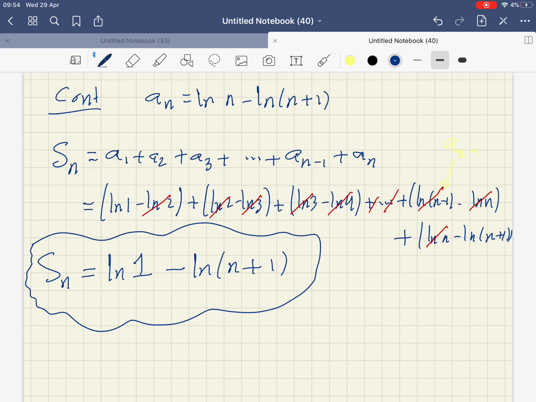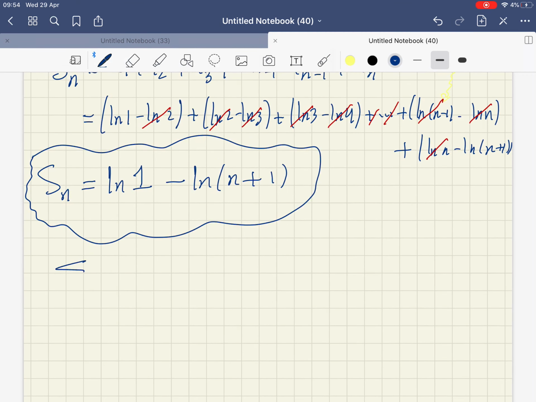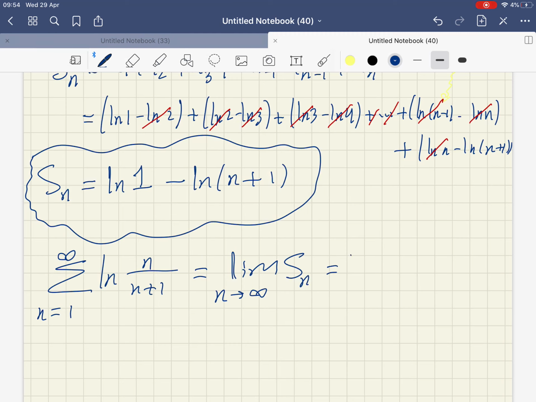We are not finished yet, because we need to find the sum of the series. And we said the sum of the series is just the limit as n goes to infinity of Sn, and we already found Sn. So this will be ln 1 minus ln of n plus 1.